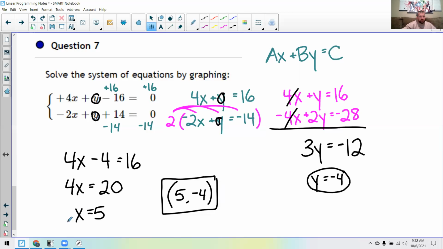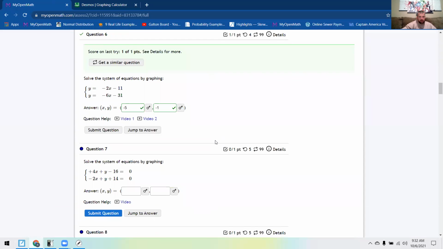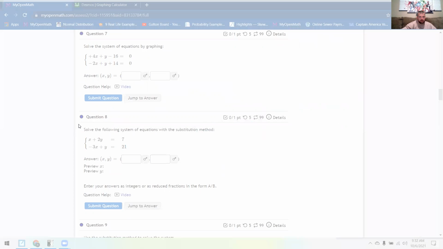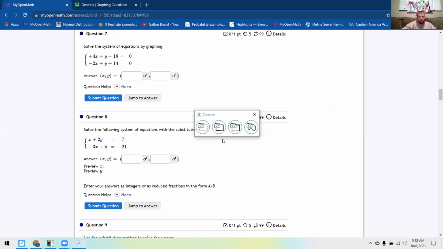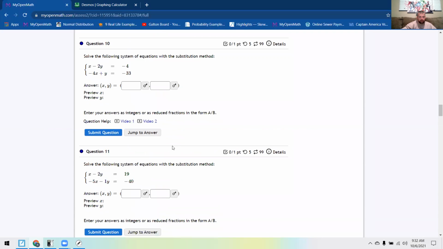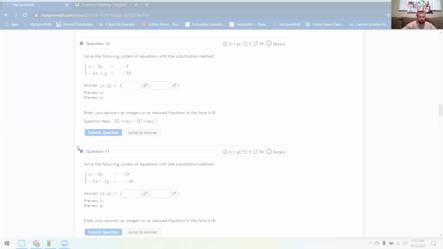Okay, so you've kind of seen every single type there is. I'm going to have you try one. Let me copy this one. I'll copy question 8 from my practice problem. Whoops, I didn't mean to do current page, but whatever. And we'll try this one, question 11.